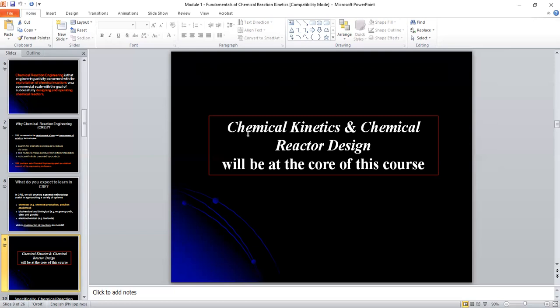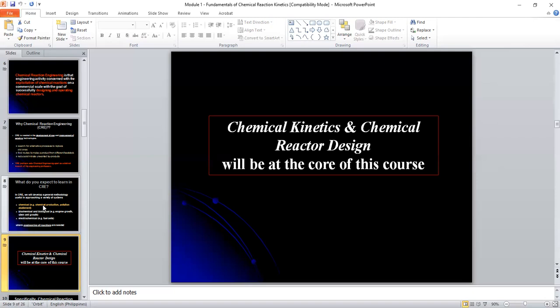How do we interpret data? That way we can make use of this data in designing the reactor that will facilitate a given reaction. So that's also part of kinetics. Then the second part is chemical reactor design. So it's only two.